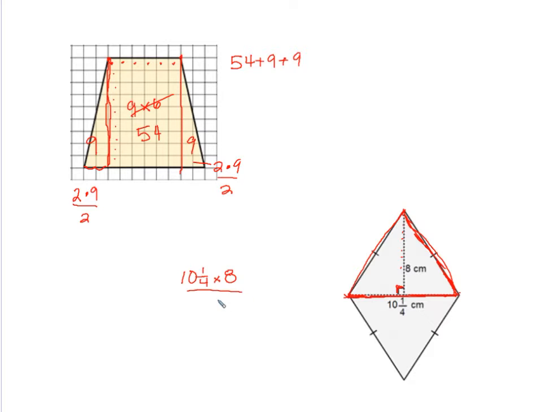I'm going to divide that by 2 because that's one of the triangles. Then, if I double it, here's a triangle as well in blue. Now, the base of this is the same thing, 10 1/4, and the height is the same thing, times 8 divided by 2. Whatever my 2 answers are, I'm going to add them together.